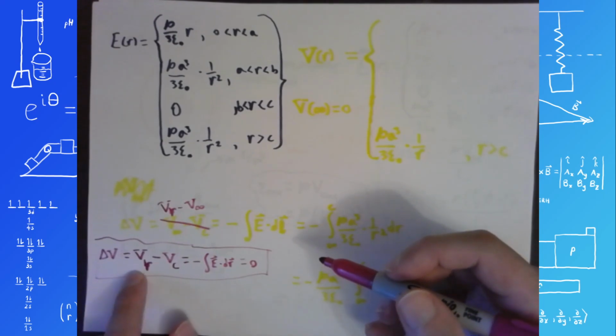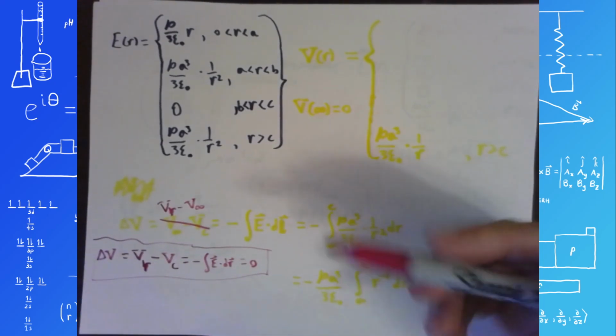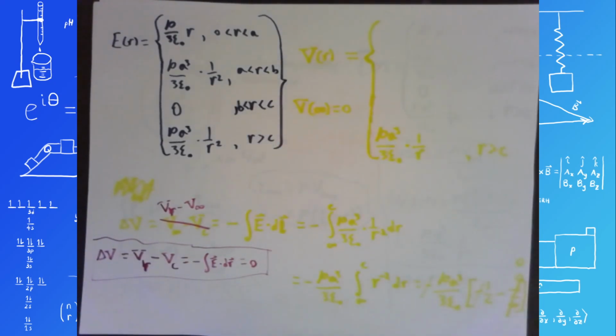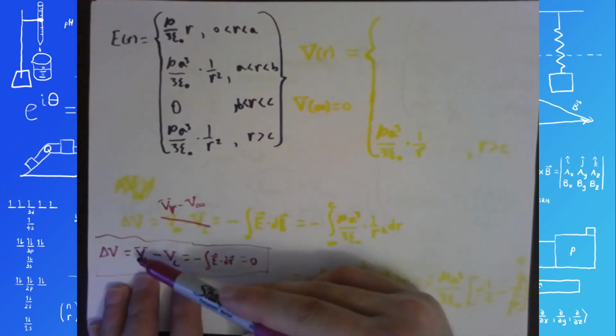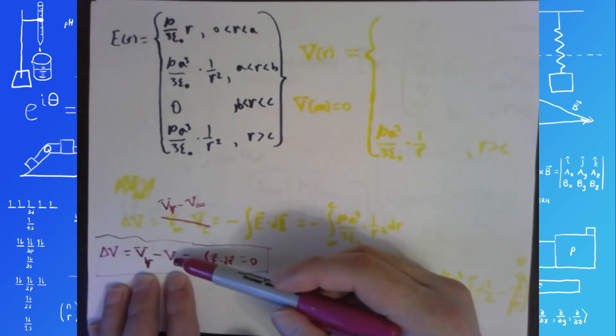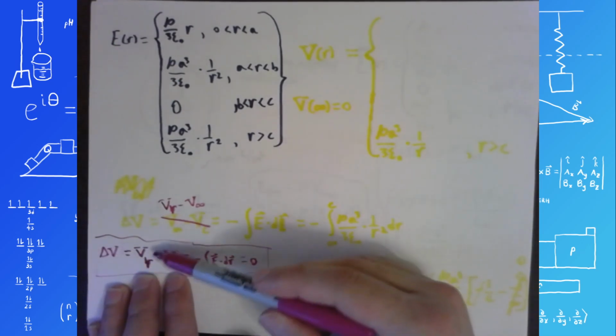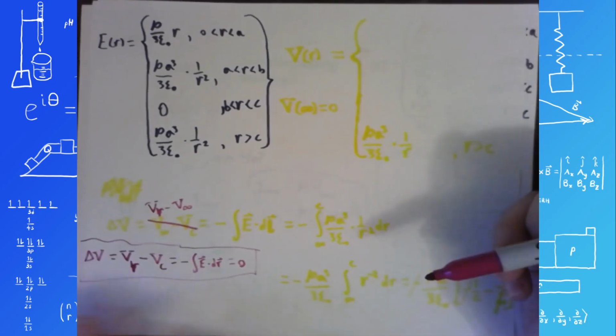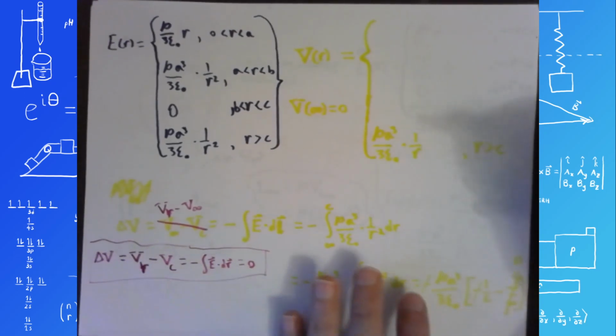V sub R minus V sub C for all R between B and C is 0, which means then that V sub R in this area is equal to V sub C. If VR minus VC is equal to 0, then VR equals VC.